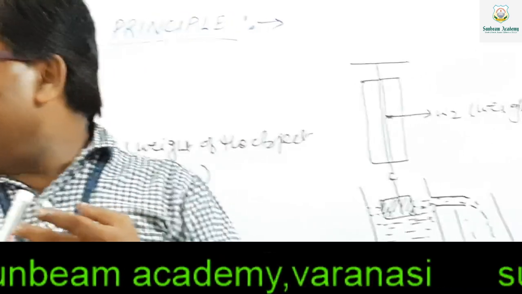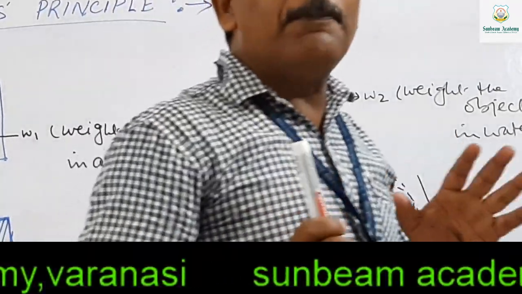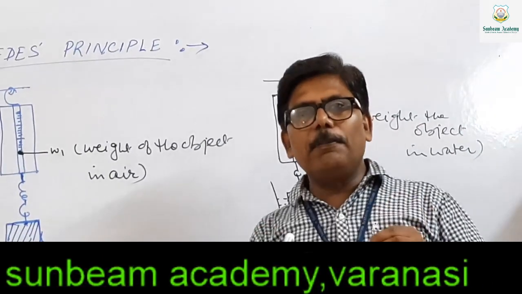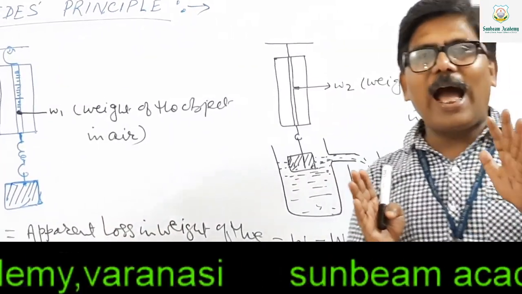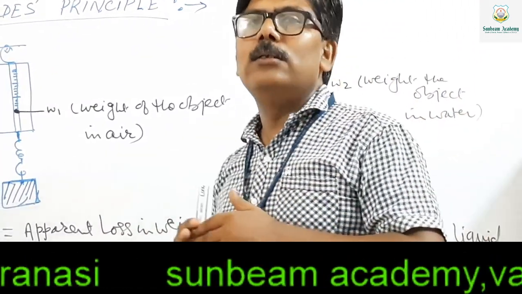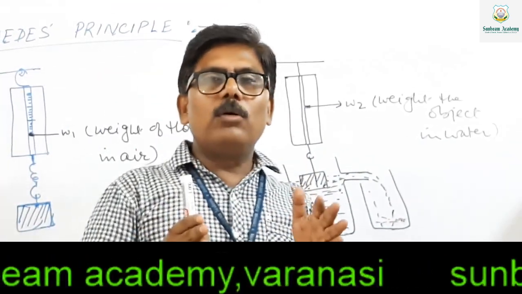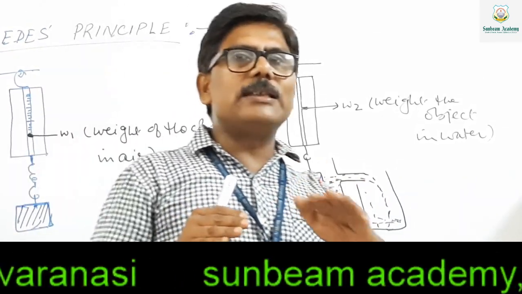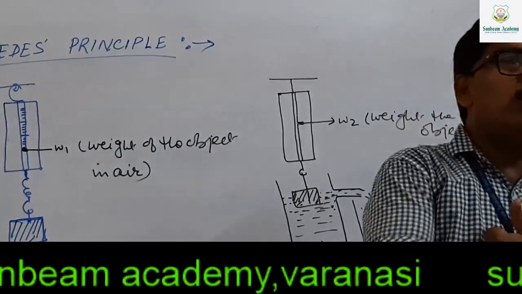Next application is construction of ship and submarine. You know the material with which the ship is made has higher density than the density of the sea water, but still the ship floats on the surface of the sea. Why and how?